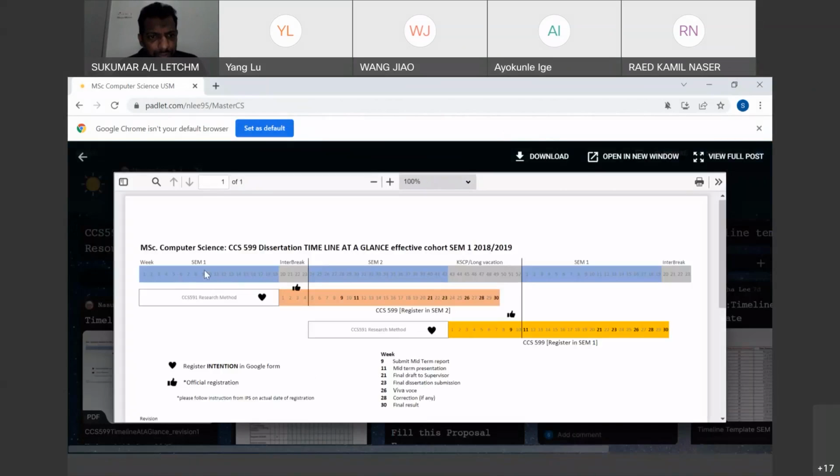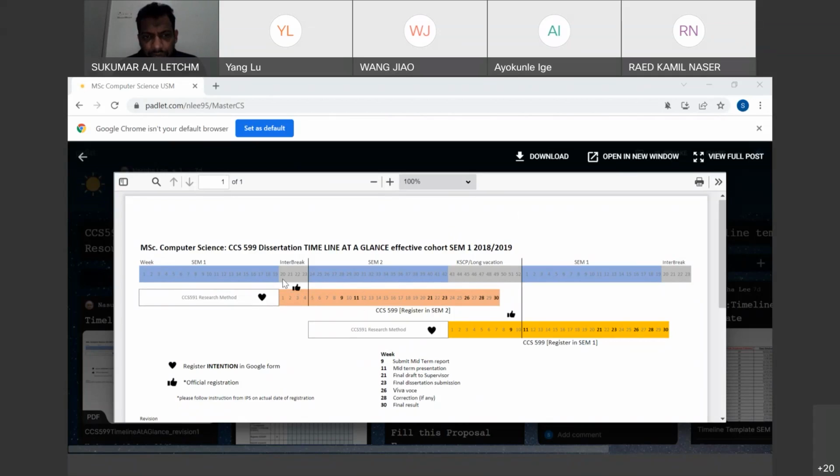When we are in semester 1, then we are in semester break, after your examination, week 19, and you are in the interbreak. During your interbreak, you already start for CCS599, which is registered in semester 2. You will officially register during your week 1, but here you already do some kind of registration during your interbreak.